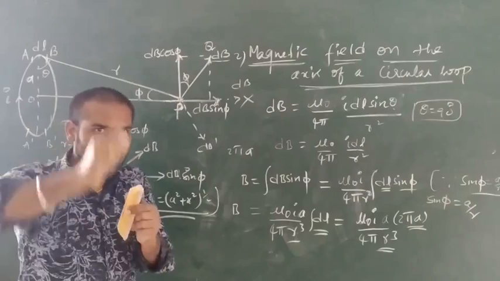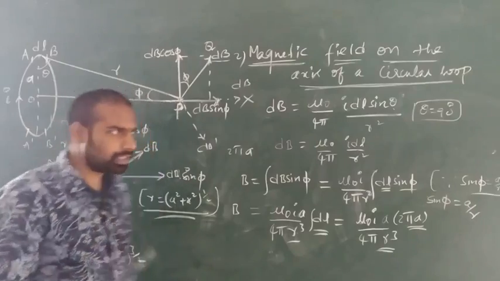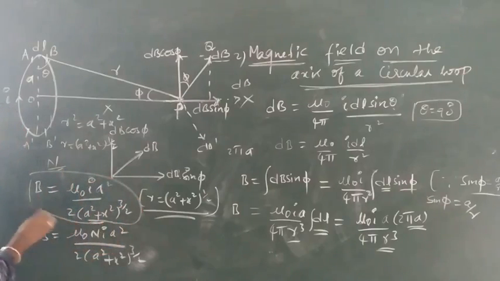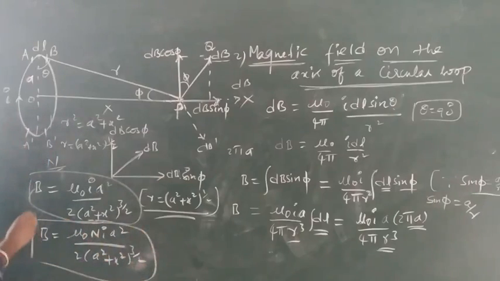Then multiplying the entire expression with N, we get mu naught N I a square by 2 into a square plus x square whole power 3 by 2. This is the required expression.